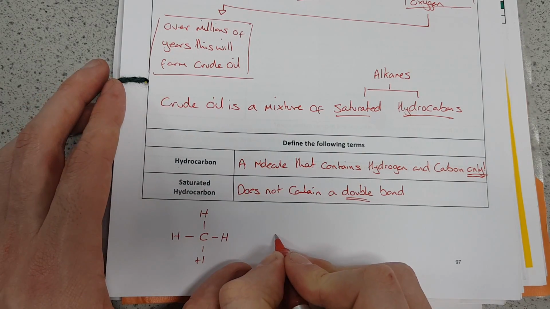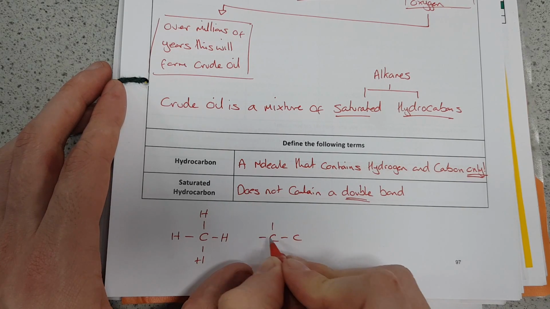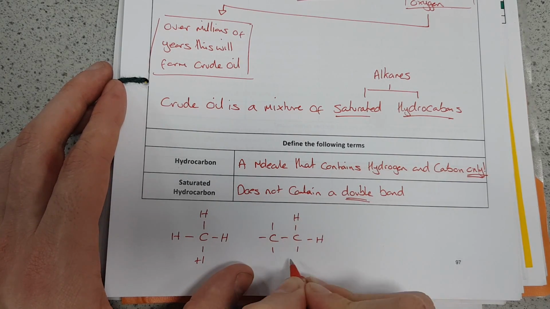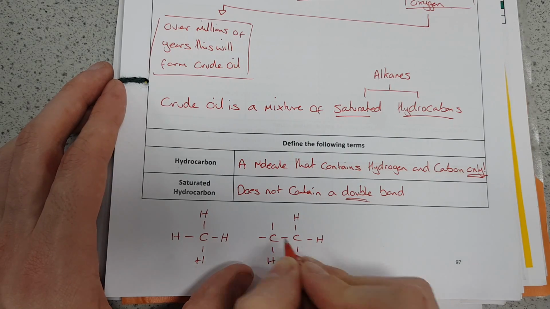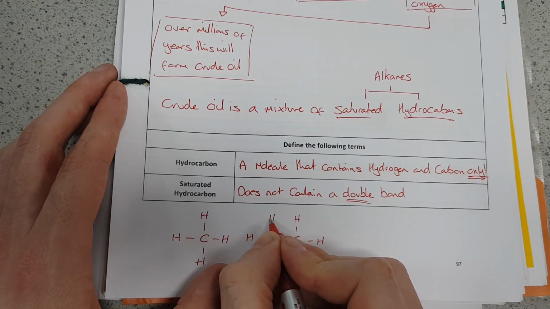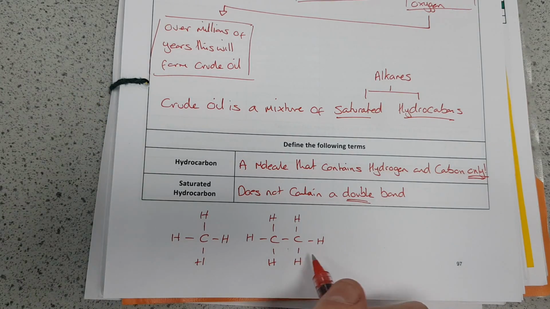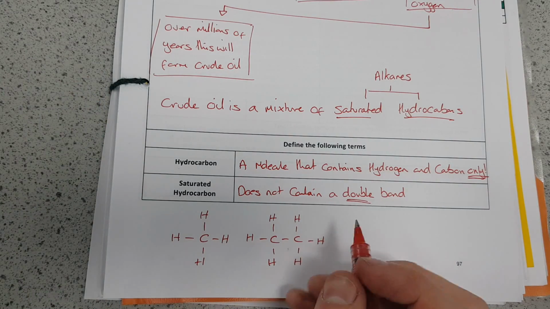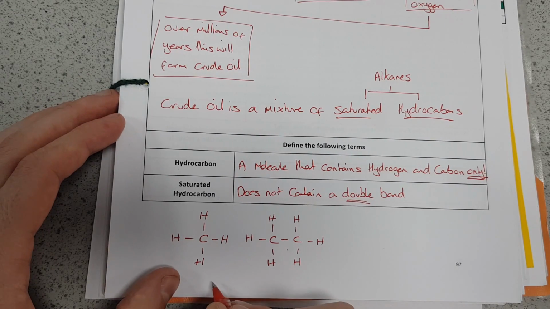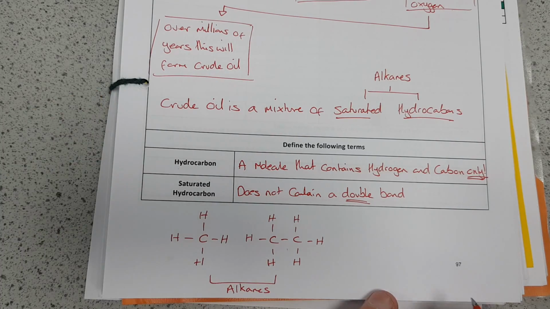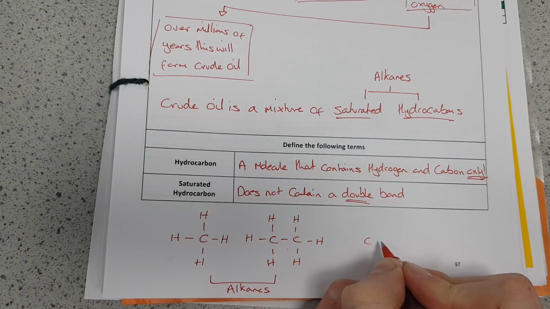If we have ethane, again, it only contains carbon and hydrogen, and it doesn't contain any double bonds, so it's a saturated hydrocarbon. This is also an alkane. So these two here are alkanes. If we draw another one, this is ethene.